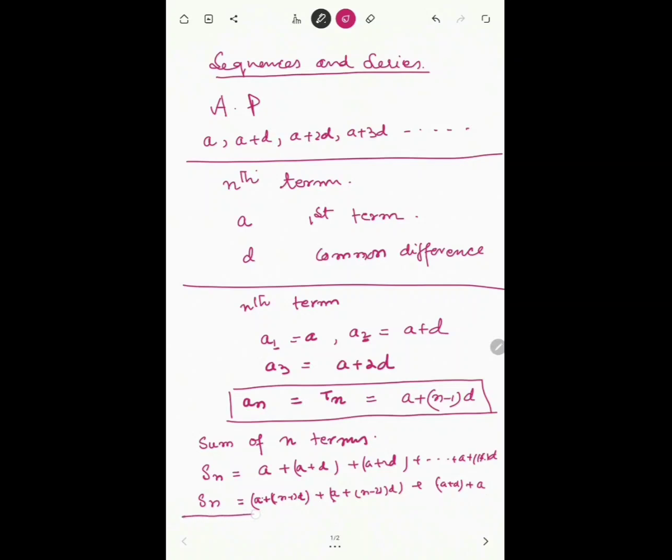Now let us write down the two sequences very clearly again. A, A plus D, and then the last term A plus n minus 1 D. Now reverse order.